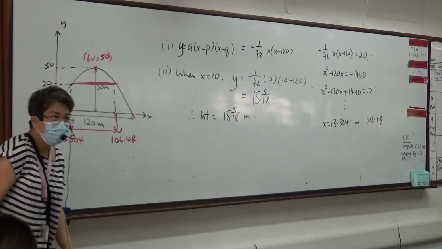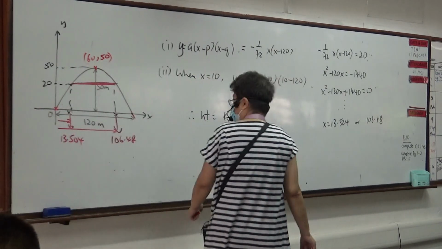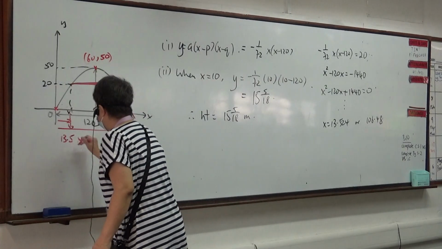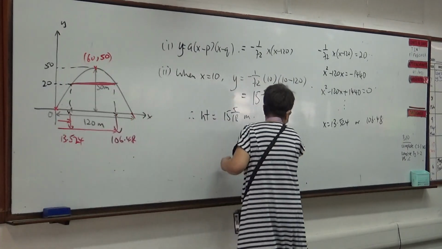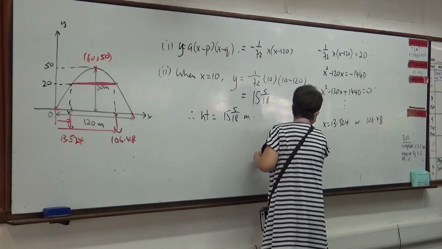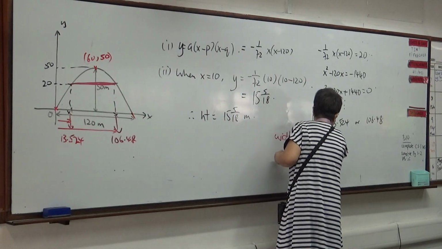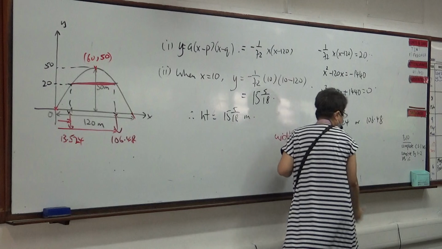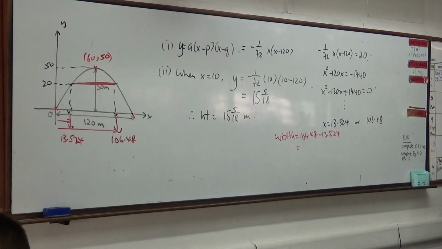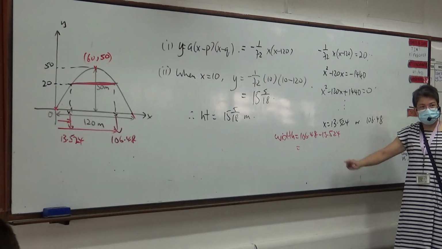You understand what I'm talking about here? Okay, so I will say the width will be 106.48 minus 13.524. The answer is what? On your calculator, I want the calculator. Minus for me now.